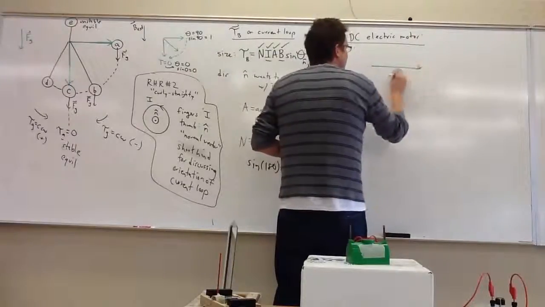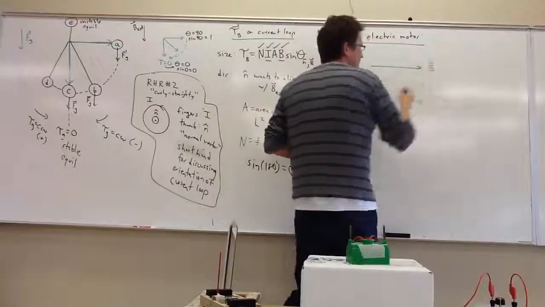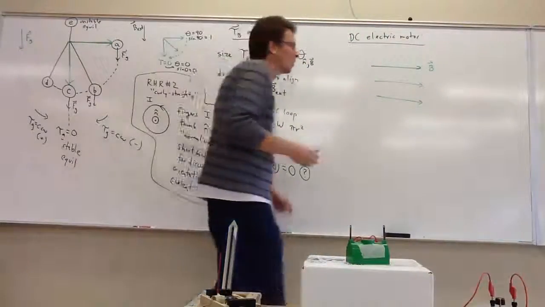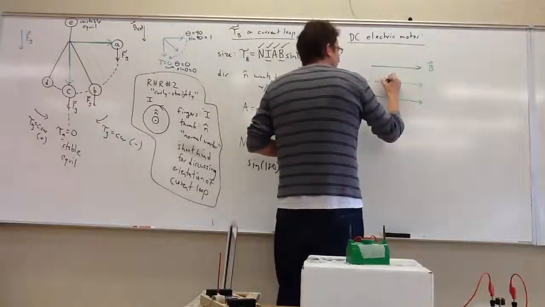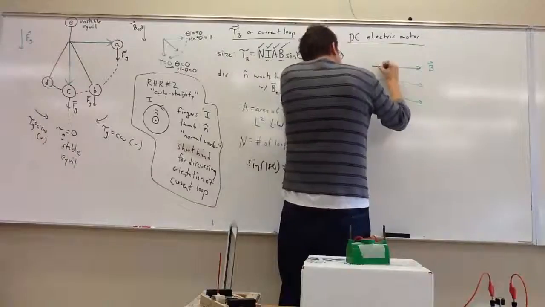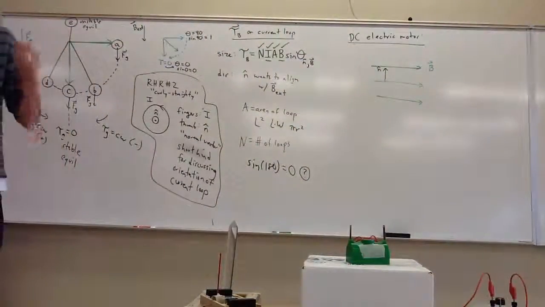If the magnetic field, let's say, is like this, it doesn't really matter what direction. In that motor, it's more up than anything. So let's say I release it like this, with the normal vector, like so. So which way is this going to experience torque?